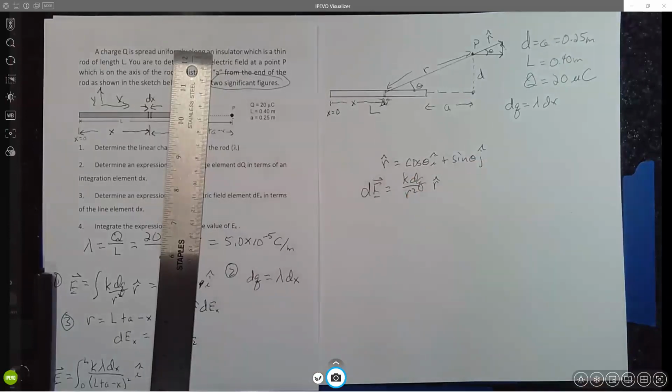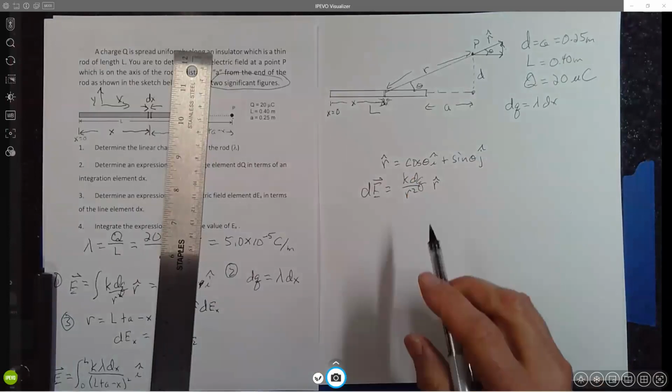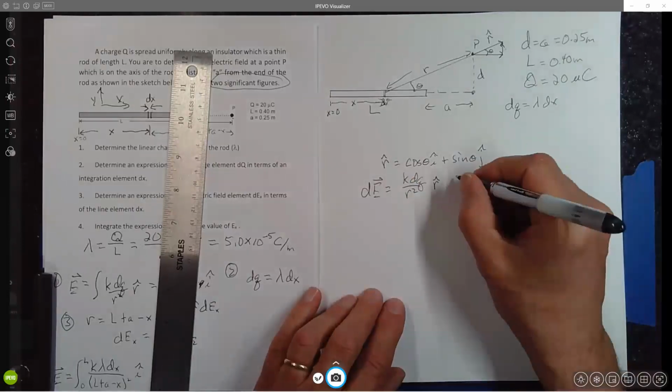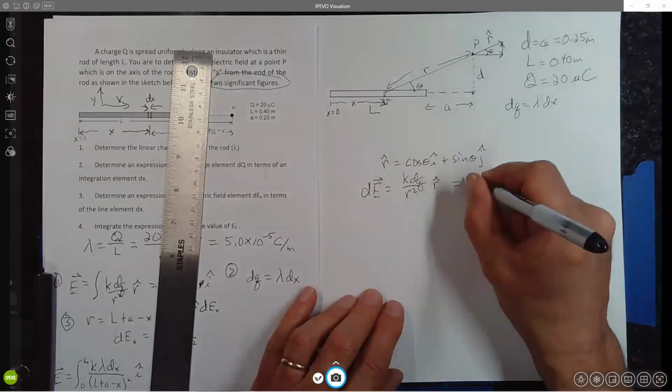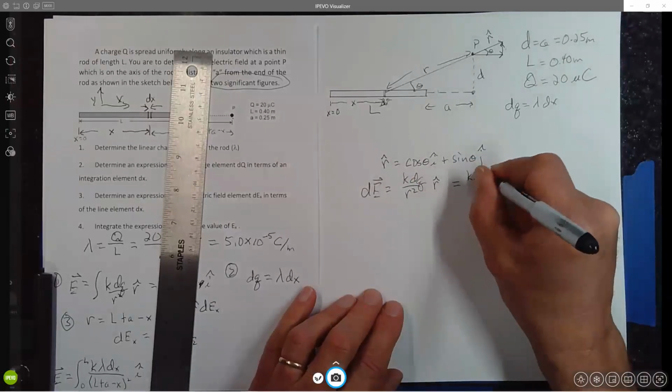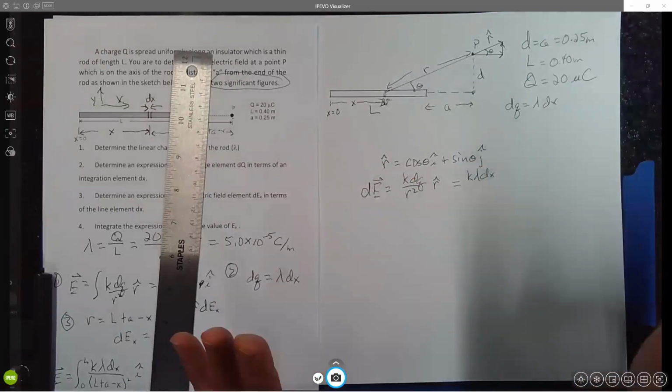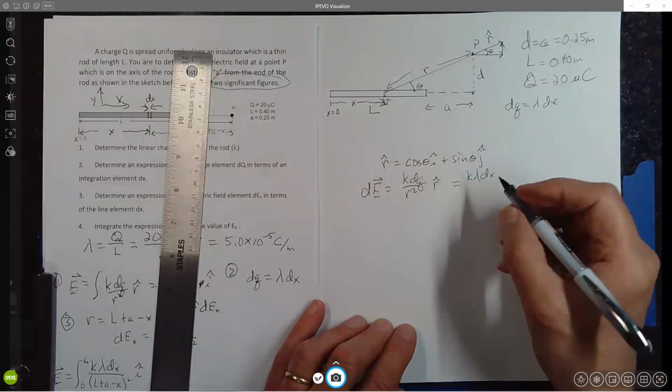But now I need to try and zero in on this thing. Well, dq is going to equal lambda dx. So I'll get k lambda dx, and I know lambda is Q over L, but I'm not going to worry about it. It's a constant.